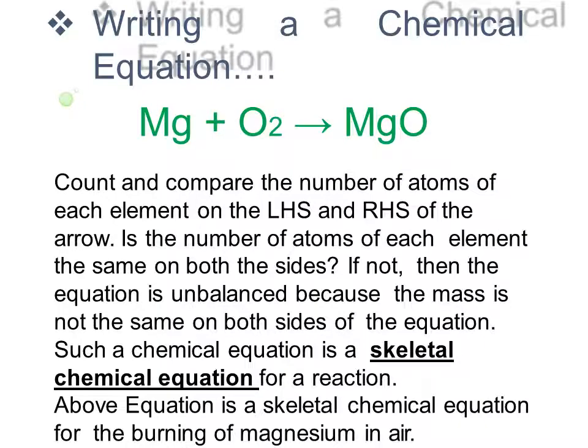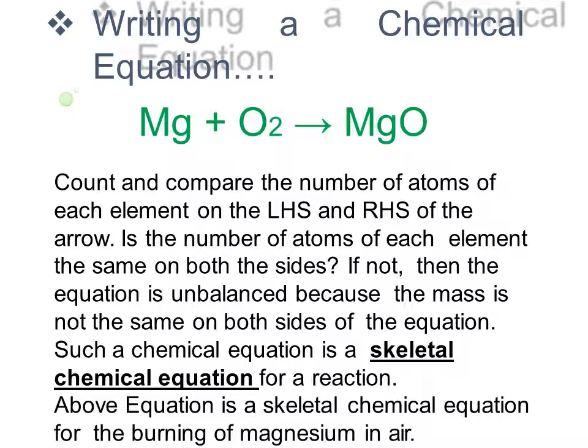Now, writing of a chemical equation. How to write a chemical equation? As I have already told you, if two or more reactants are there, you have to add a plus sign between them, and between reactants and products you have to add an arrow. Then count and compare the number of atoms of each element on the left hand side and right hand side of the arrow. Is the number of atoms of each element the same on both sides?